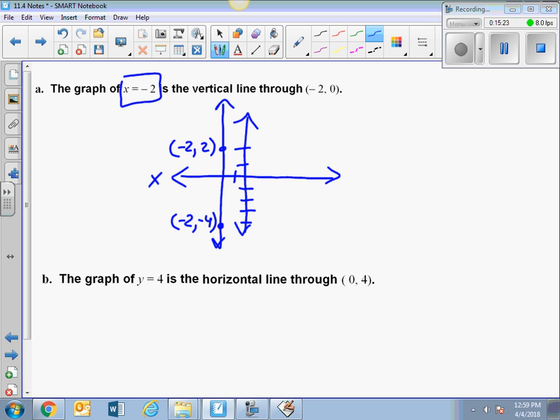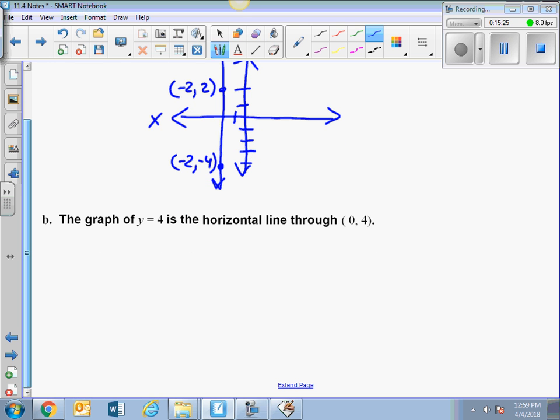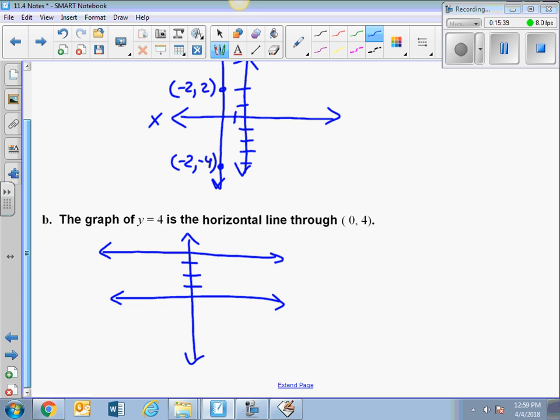The y value, very similar. On that one, we want it always to equal 4 for the y coordinate. That would mean you'd have to go to the y-axis, 1, 2, 3, 4, and draw a line through 4. Again, what happens?